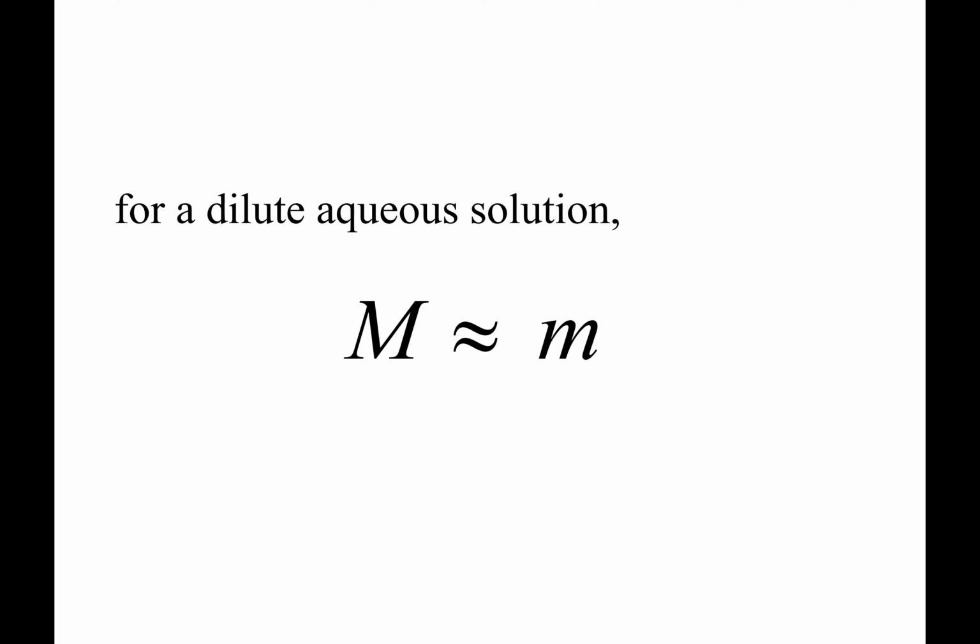So if the mass of your solute is negligible, then your molarity is equal to molality. Just for water. Just for water, exactly. Just for the solvent water, and it's got to be pretty dilute.